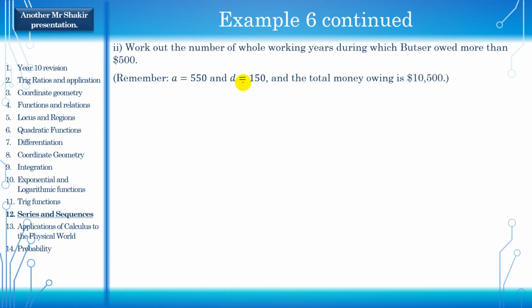Alright, so work out the number of whole working years. So that tells us the answer has to be an integer. Okay? They don't want a decimal or a fraction or anything. They want us to find the number of whole working years during which Butser owed more than $500. He owed more than that, right? So he owes 10,500. When does he owe more than $500?